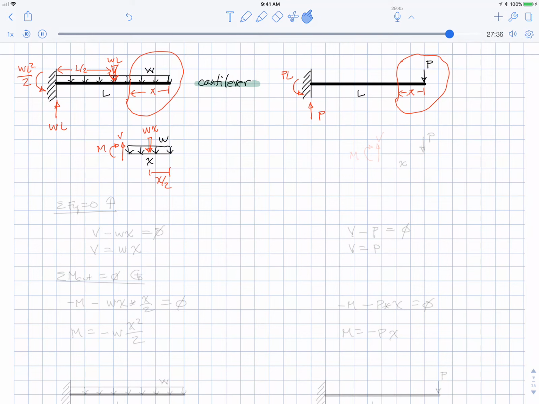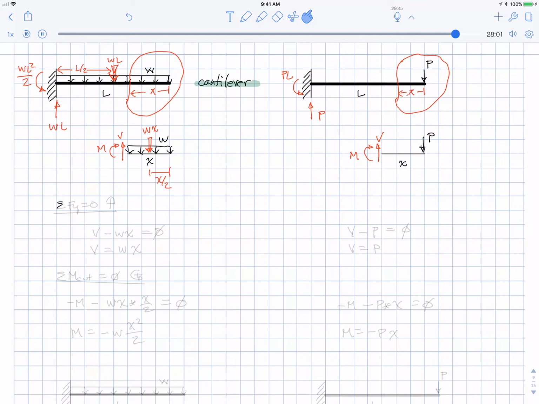And here's the free body diagram for the cantilever with the point load. You have this part of the beam, distance X, with the load P, and on the cut, which is again on the left side, V is positive going up, and there's the M causing the smiley face.